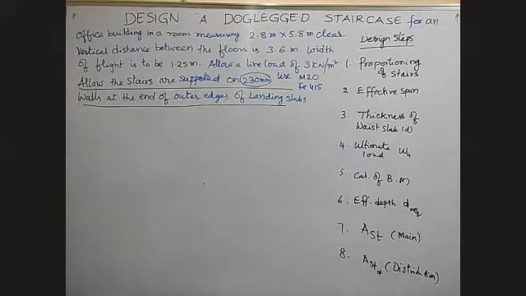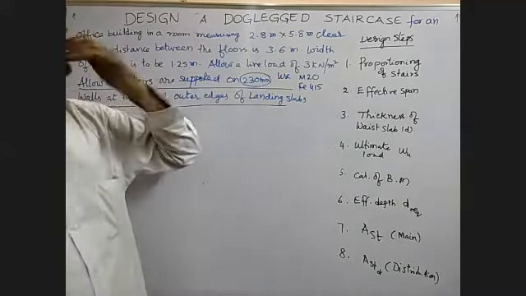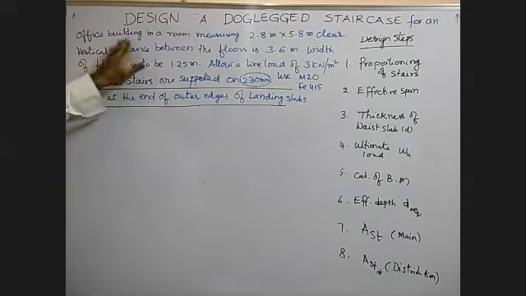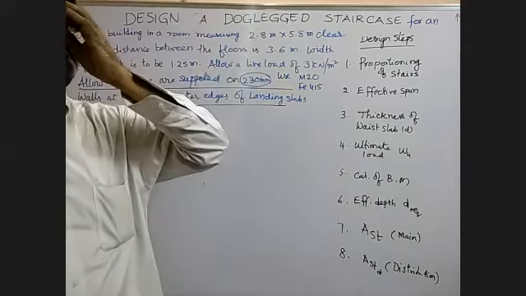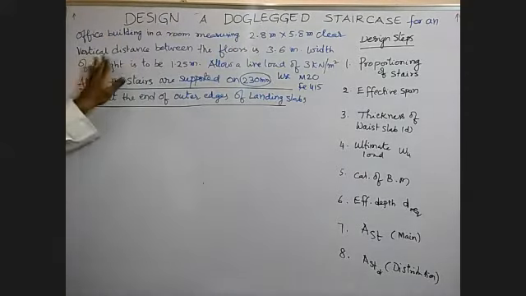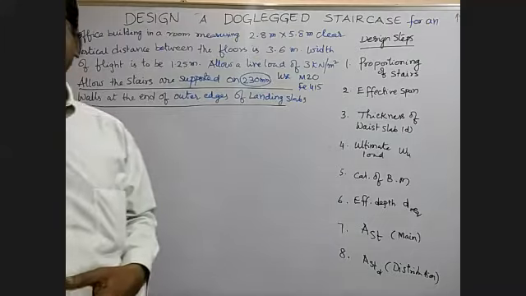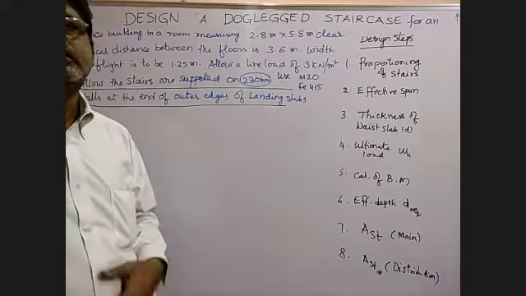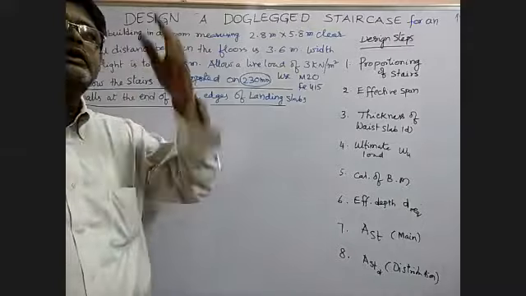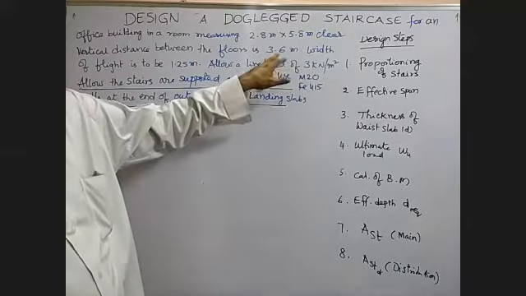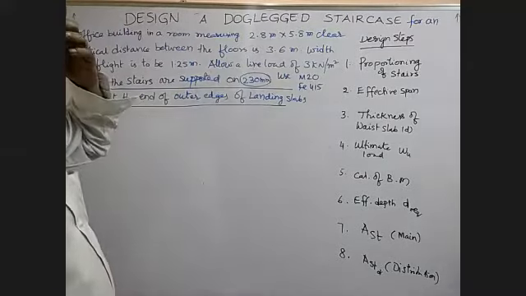So this is the problem given, and you are asked to design a dog-legged staircase for an office building in a room measuring 2.8 by 5.8 meters, and the distance between floors, that means the height of the room, is 3.6 meters.